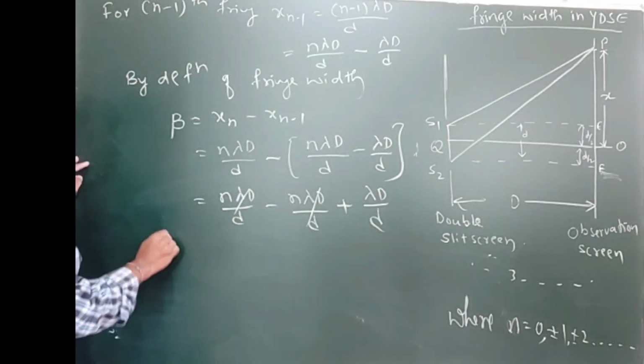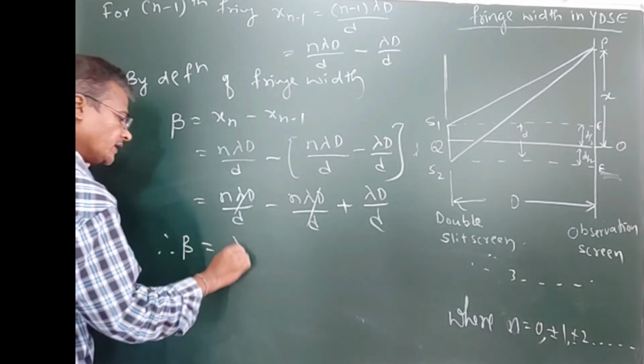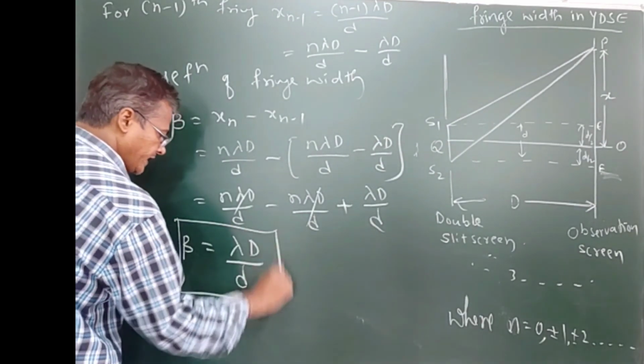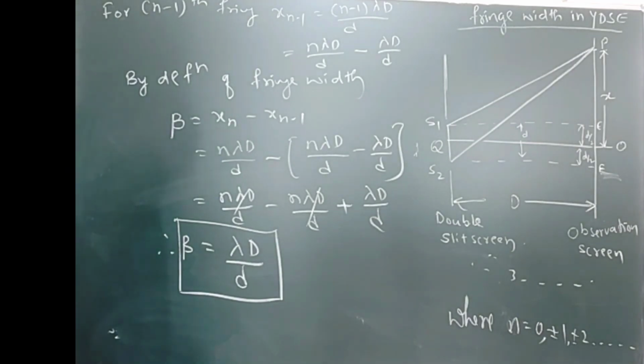This and this get cancelled, therefore beta equals lambda D divided by small d. So this is the expression for the fringe width.